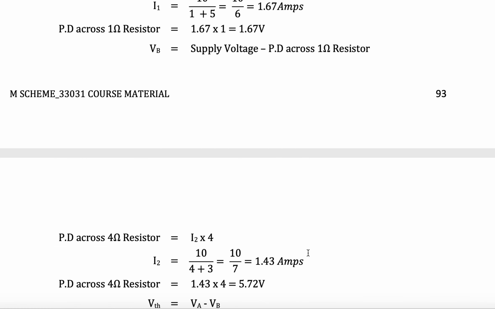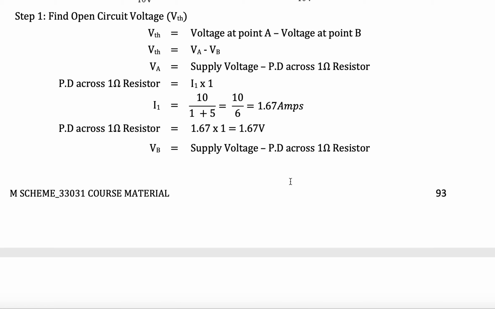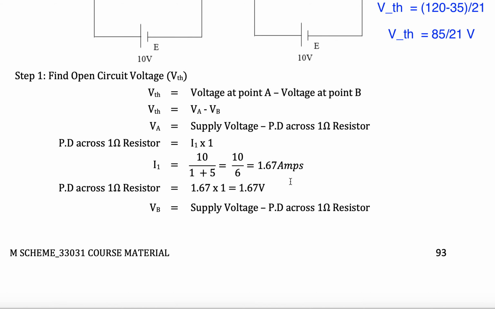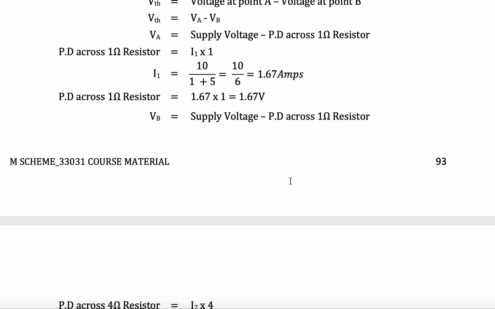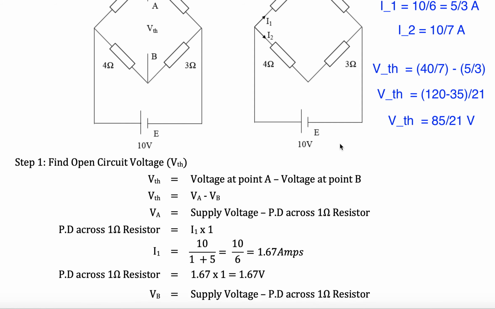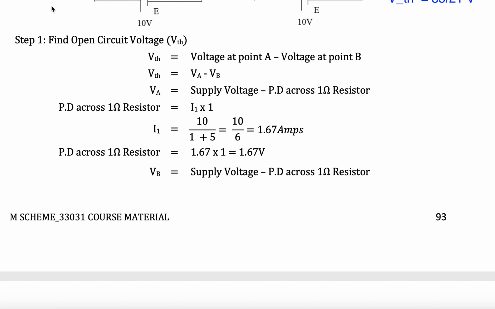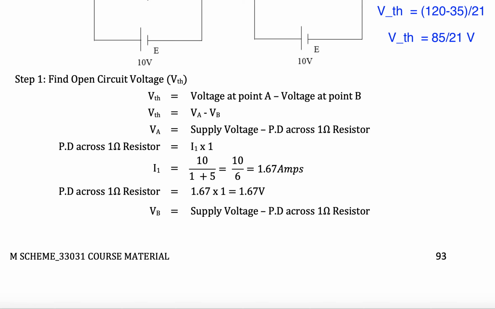So 10 minus 5 by 3 is 30 minus 5, 25 by 3. VA is 25 by 3. That is VA. Okay, what is VB?